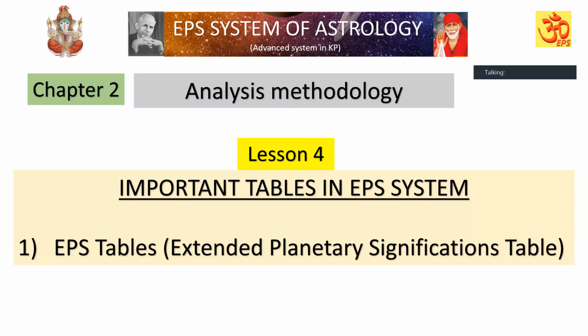The first table will be the EPS table. What is the EPS table? Extended Planetary Significations table. In the EPS table, each planet's self-significations and the planets in its supports are shown in separate columns.